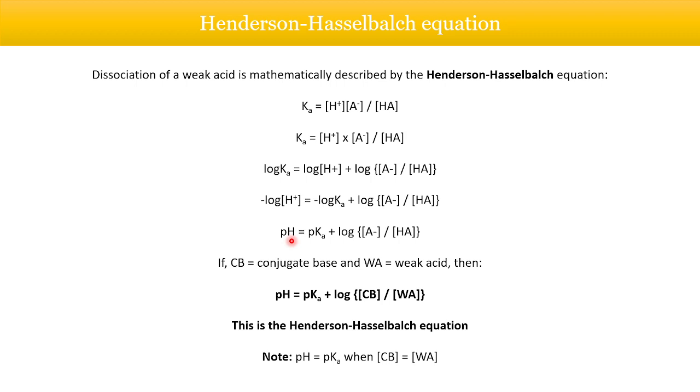Here the conjugate base ion is A minus, so A minus concentration divided by HA concentration is inside the log, relating pH with your pKa. If Cb is the conjugate base and the weak acid is Wa, then pH equals pKa plus log of conjugate base by weak acid. This entire thing is your Henderson-Hasselbalch equation.